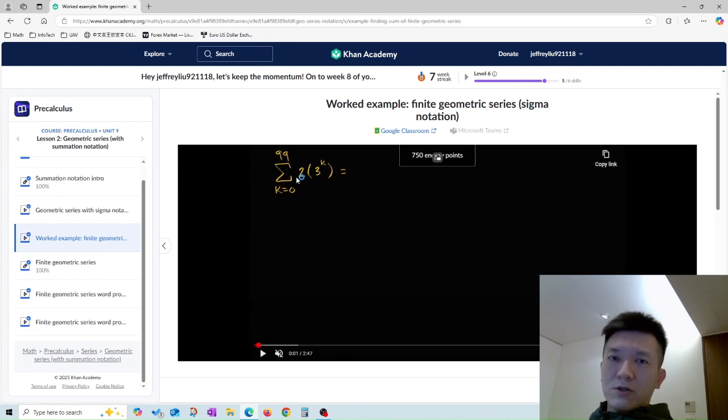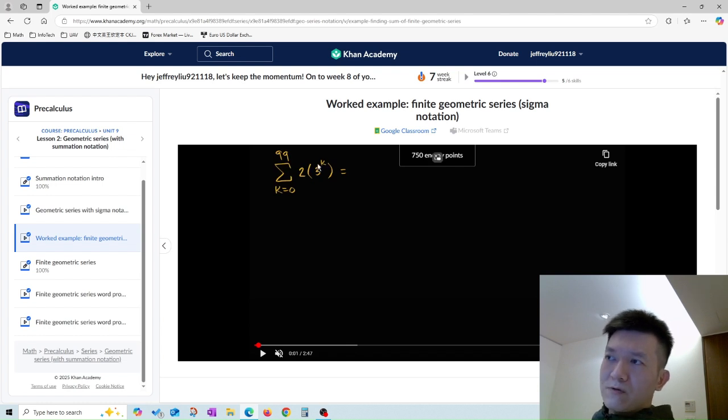Okay. So we have the first example here. This is a summation notation, and our first term, like I said before, is 0. The question is asking you for the 100th term. But what is our first term? Our first term should be 2, right?